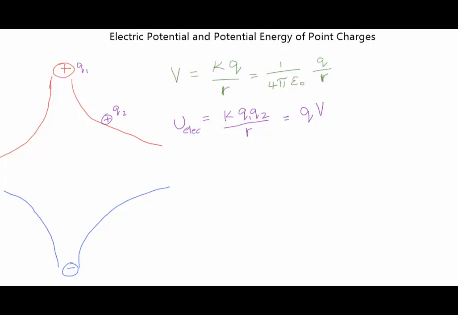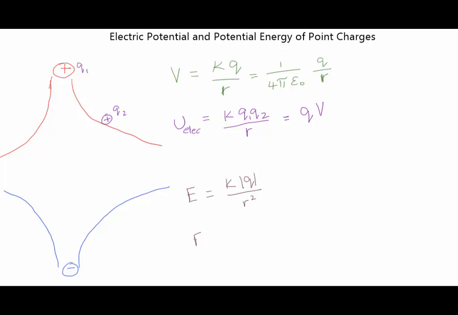Okay, before we move on, it's probably helpful to take a quick look at some analogies to things that you have learned before. So previously we saw that the electric field of a charge was K times the absolute value of the charge divided by R squared, and you only needed one charge to create electric field, and this equation gave you the magnitude of the electric field.